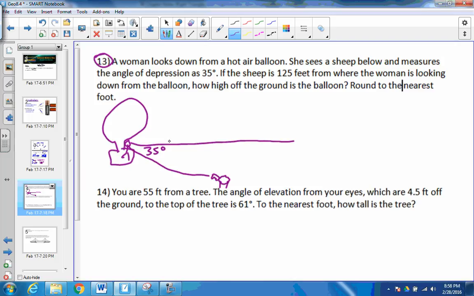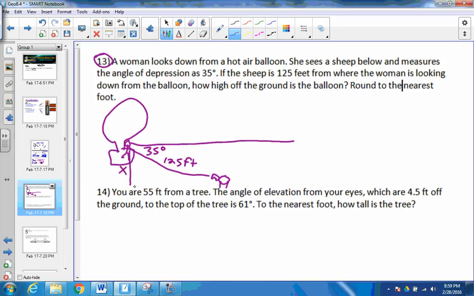And this is where it's important to know the difference between what an angle of depression is. Most people would say it's just this angle underneath it. This is 35 degrees. But then by our situation, if the sheep is 125 feet from where the woman is looking down from the balloon, so this is 125 feet. How high off the ground is the balloon? So we're trying to figure out this distance right here.